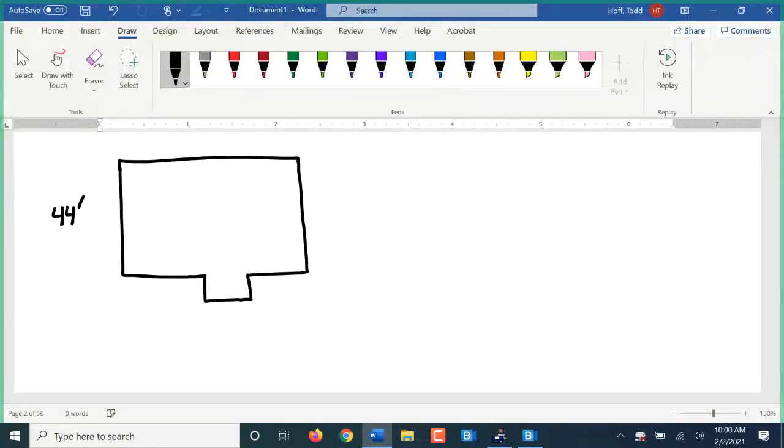So let's say we have a 44-foot span on the main roof and a simple 20-foot span on the L. If I tell you that this slope is 8/12, I tell you that this slope here is also an 8/12 slope. This is again a conventional case.